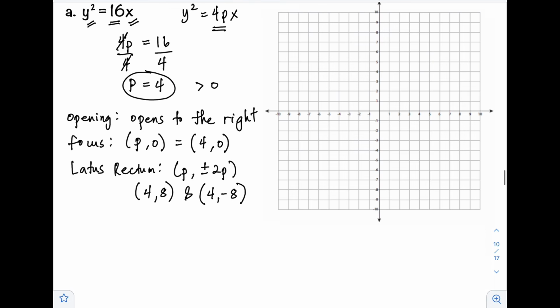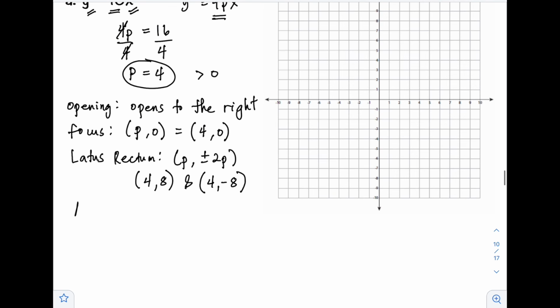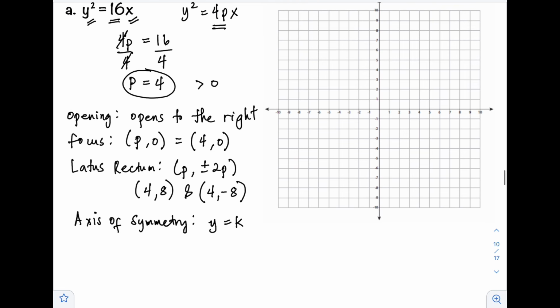So next, kunin naman natin yung ating axis of symmetry. Si axis of symmetry is may equation na y equals k. But yun nga lang, yung vertex natin ngayon is laging makikita muna kay origin. So yung k natin is always equivalent to 0.